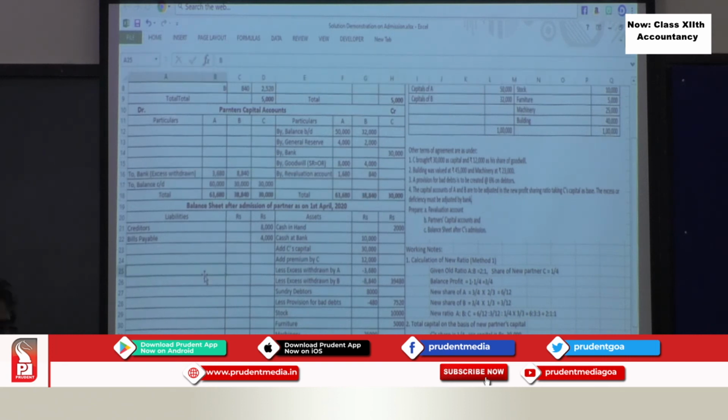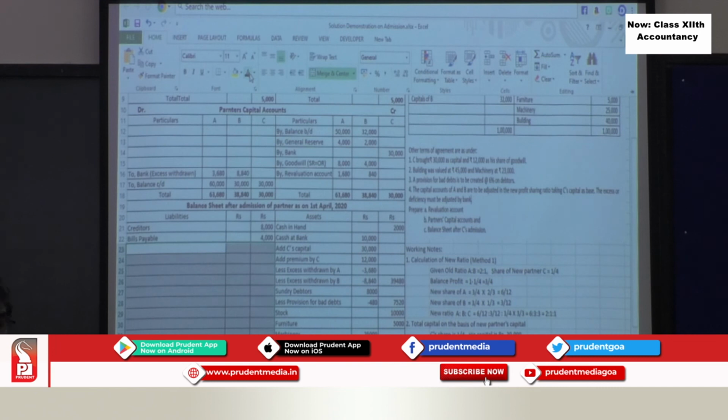Now please remember, these capital balances will appear in the balance sheet. So we will take up the balance sheet of the partners. In the balance sheet, we are going to transfer the capital accounts of the partners which are in proportion to the new profit and loss sharing ratio.